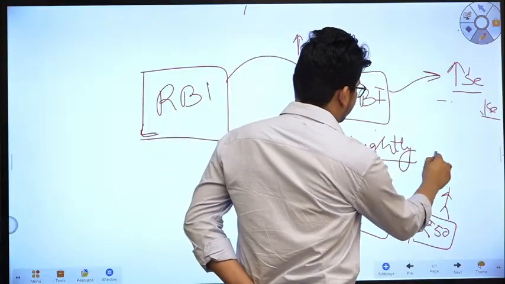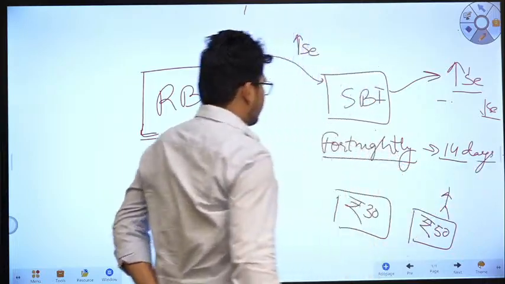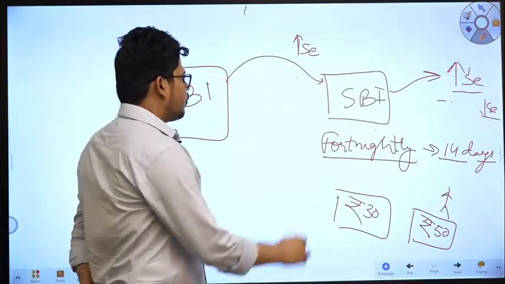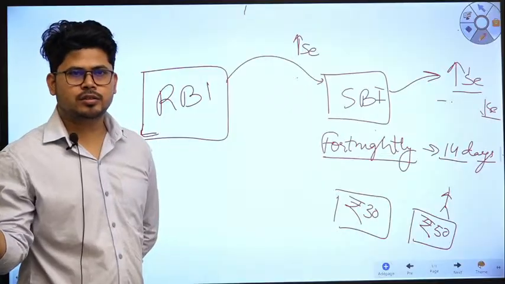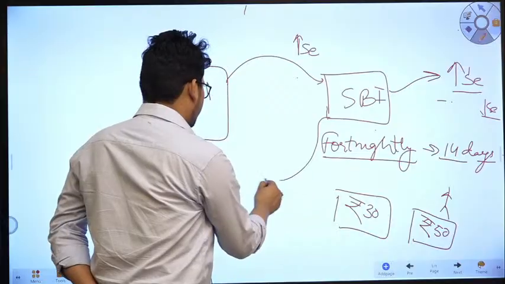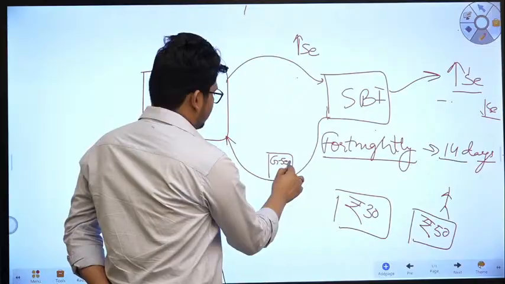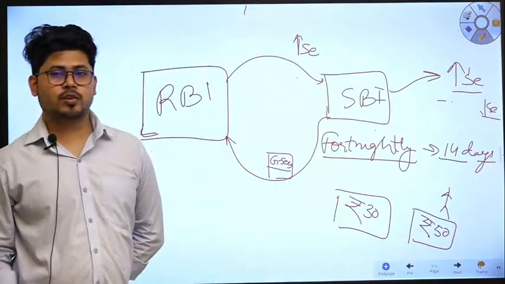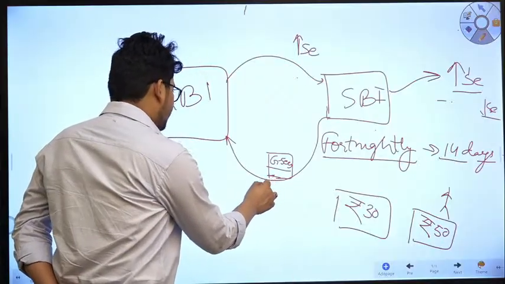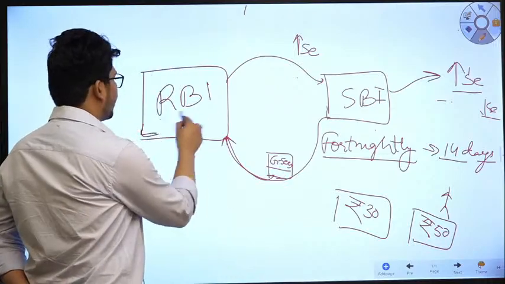Any event that occurs in 14 days is called fortnightly, okay. Now what is repo? Repurchase obligation. For example, SBI is having some liquidity crunch. Okay, what SBI will do, it will take all its government securities, G-Secs, that it purchased in open market operations, for example, or from government, and mortgage them as collateral to RBI.